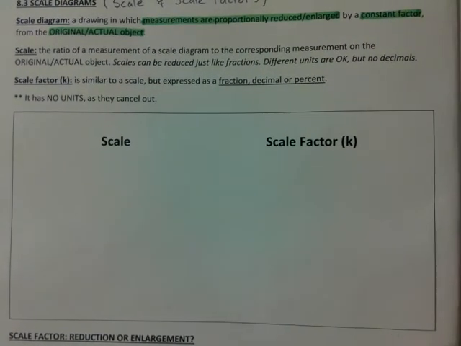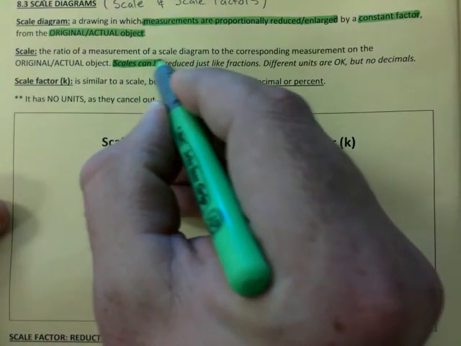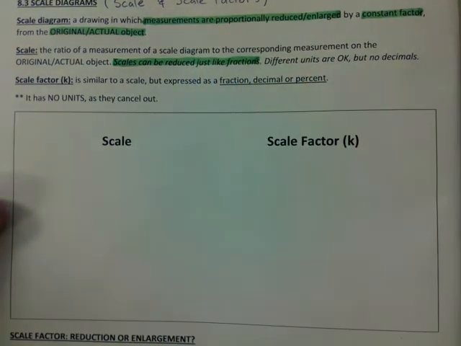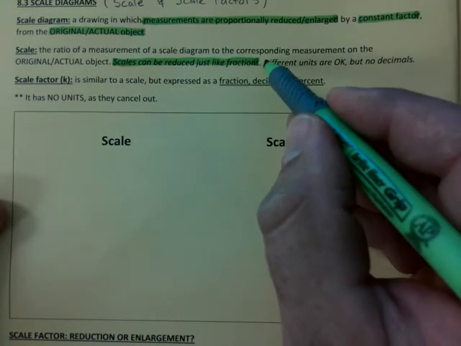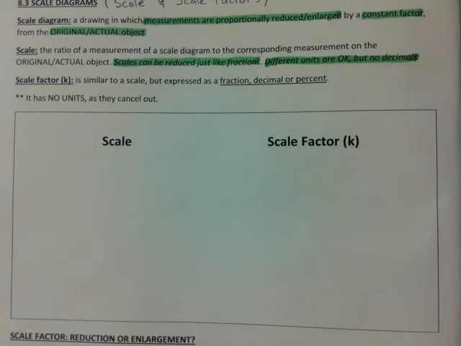A scale is a ratio of measurement of a scale diagram to the corresponding measurement on the original actual object. Scales can be reduced just like fractions. So let's highlight that. Different units are okay, but no decimals. Okay. That's the one thing you need to remember about scales.